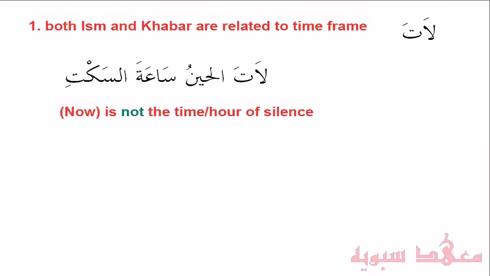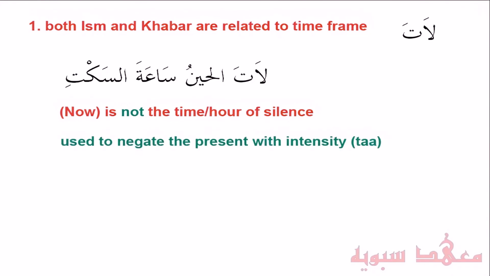Do something about it. There's actually a few linguistic details related to Laata. It's used to negate the present with intensity. But here I've used hina and sa'a. But you can use other words that indicate a time frame. Now here it says the actual negation is with intensity. Why is this?